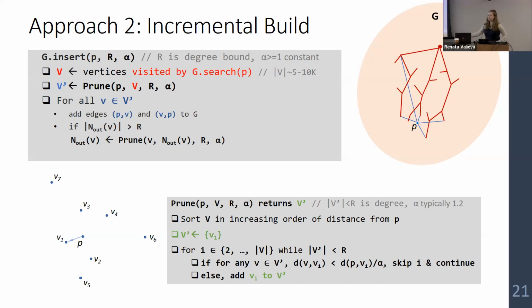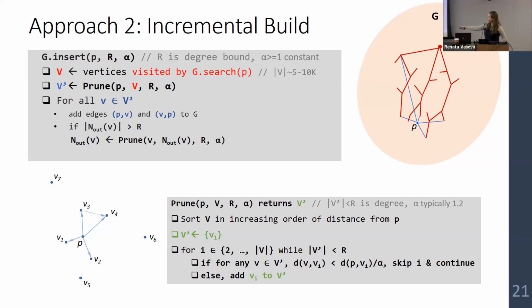So that might not make a lot of sense in words. So let's look at an example for where it prunes something out. It's not going to prune something out for V2. We're going to form an edge to V3. And then what we do when we try to form an edge to V4 is we notice that the distance between P and V4 is greater than the distance between V3 and V4.